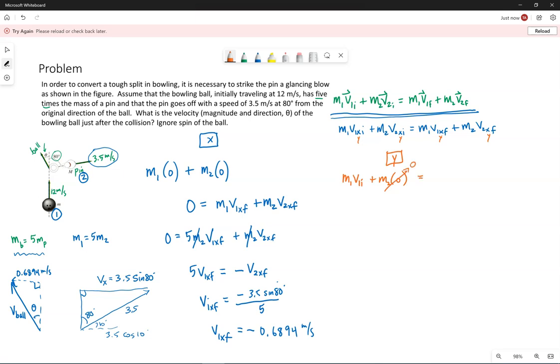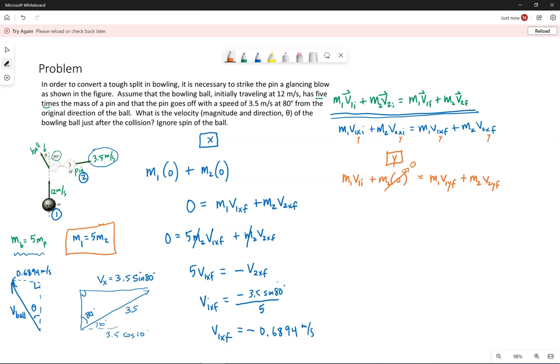So it doesn't have x or y components of velocity initially. That's going to equal mass 1 times its y component of velocity plus mass 2 times its y component of velocity. So let's go ahead and put in what we know as well as the relationship between the masses.